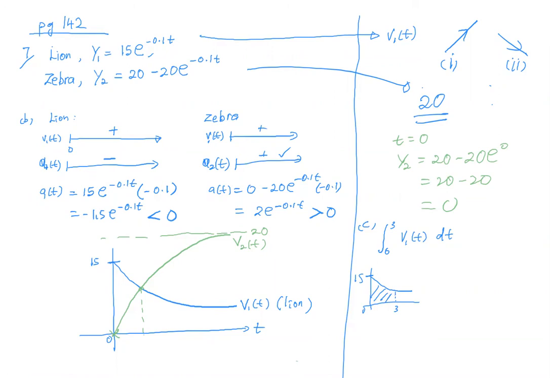The total distance traveled by the lion in the first 3 seconds. Okay? Then what does this represent?